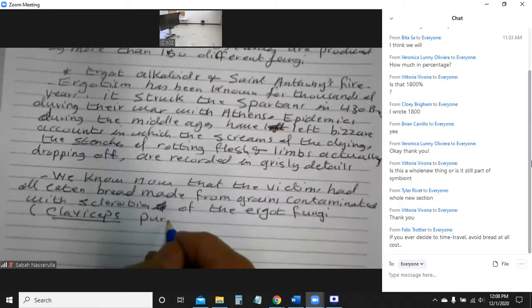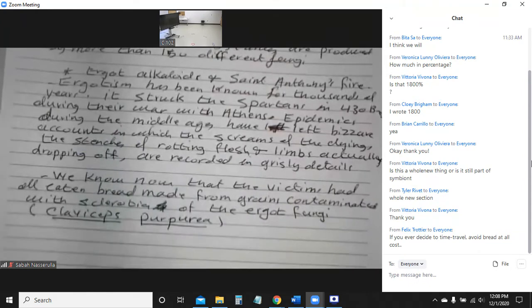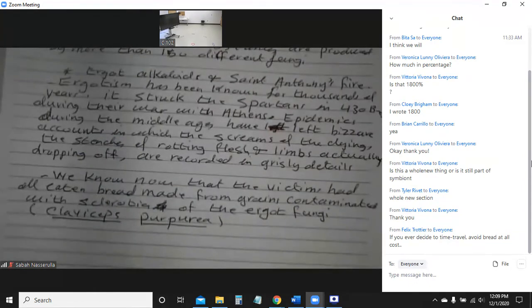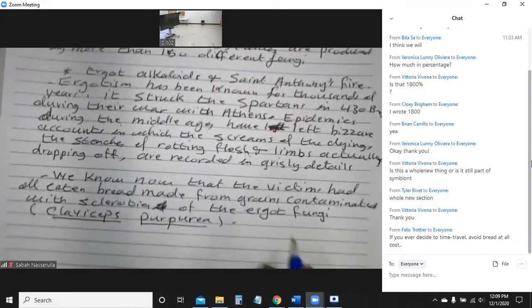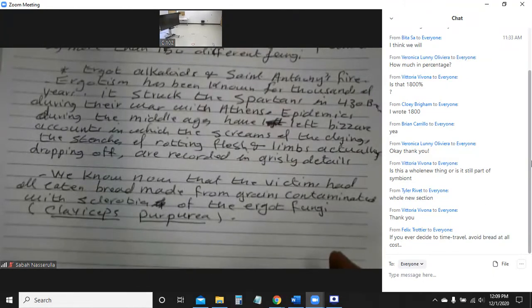As I mentioned to you, it belongs to the Ascomycetes, purpurea. And what happened here, these sclerotia, that is the point we're going to focus on now, contain a lot of alkaloid.